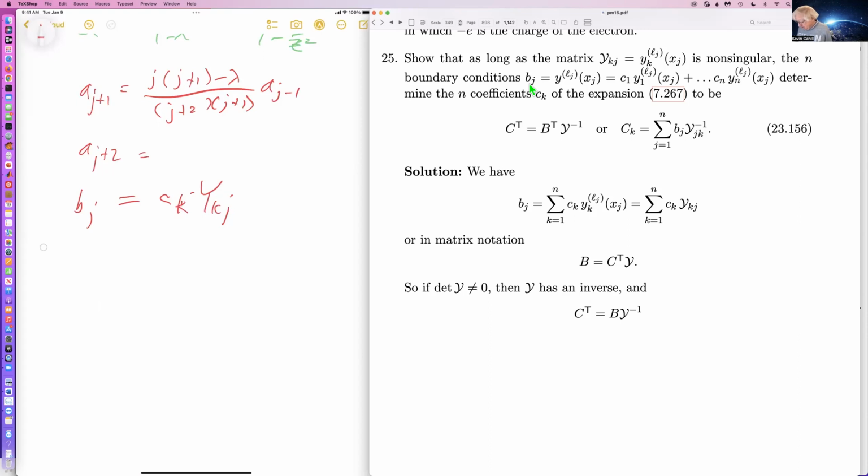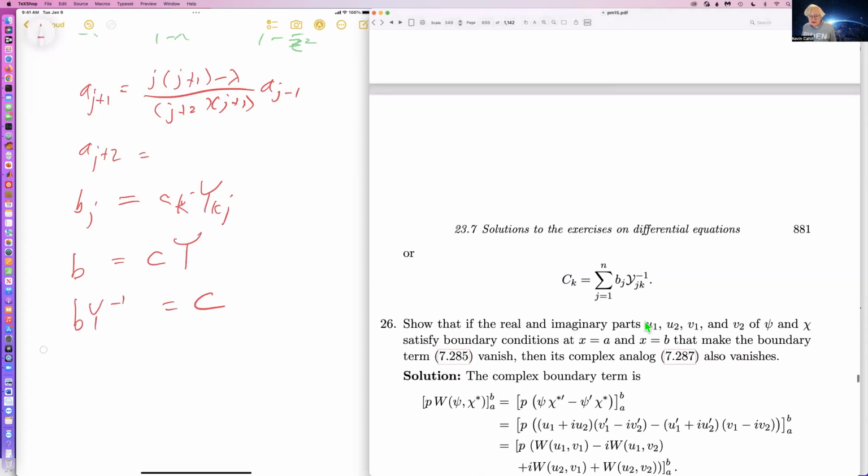Then you multiply by the inverse of Y, and matrix-wise this is equal to C Y, and so B times Y inverse is equal to C. And so that's the solution. C is equal to B times Y inverse.